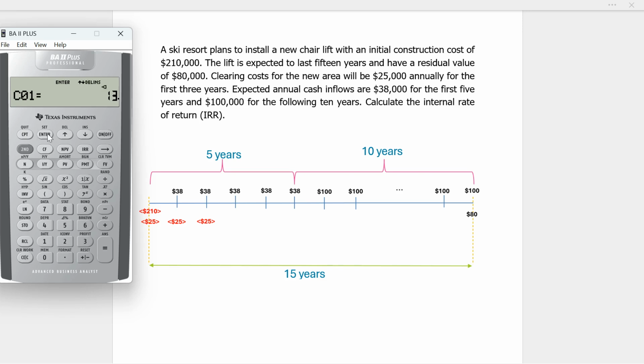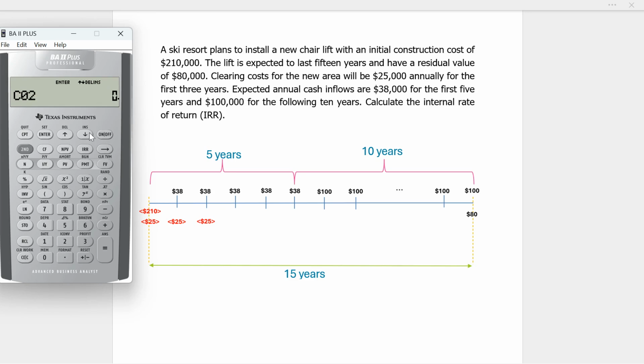Same happens at the end of year number 2. So for 2 periods or 2 years, they expect a net return of $13,000. So I go down and change F01 to 2 and then enter, because for 2 periods, they expect a net return of $13,000.